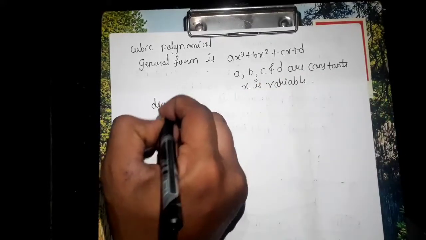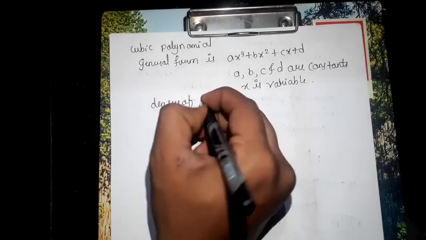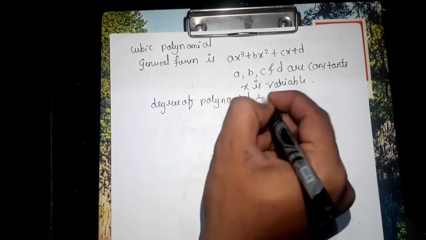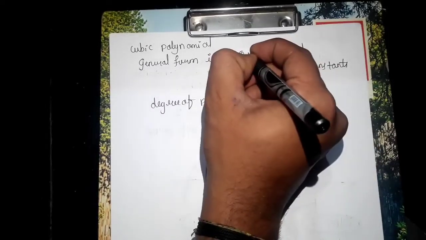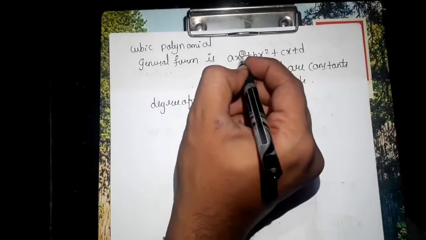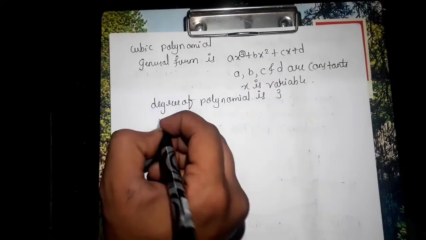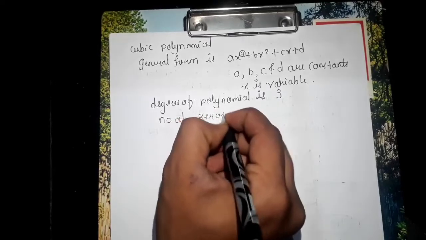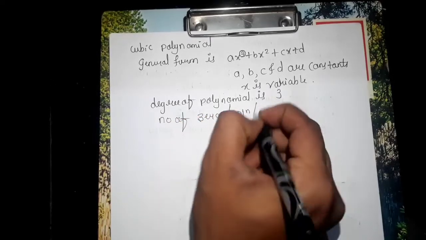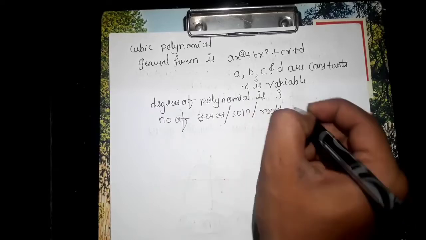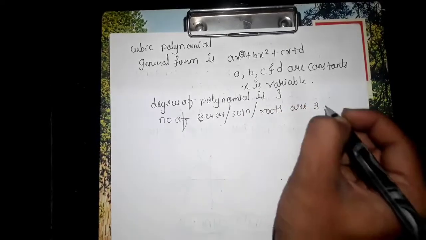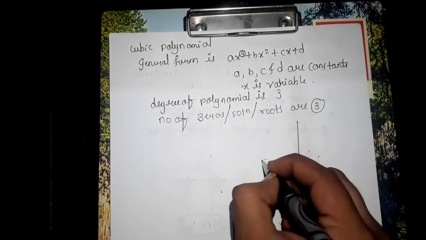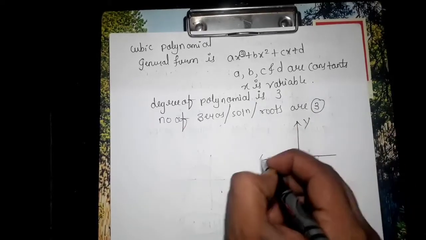Here degree of the polynomial is 3. This is the degree of the polynomial. Number of zeros or solutions or roots are 3. For example, this is the graph.